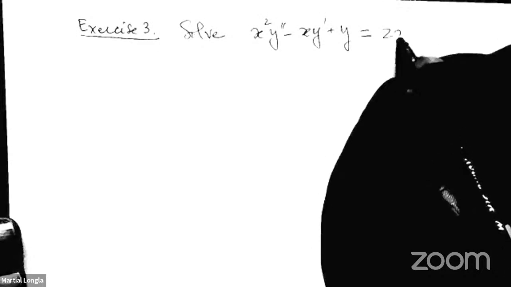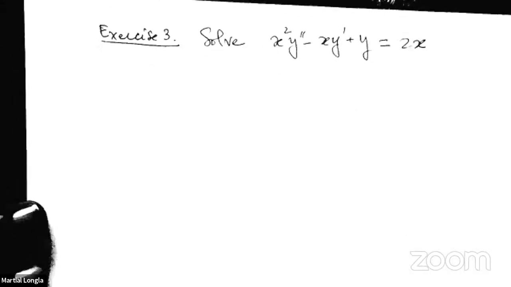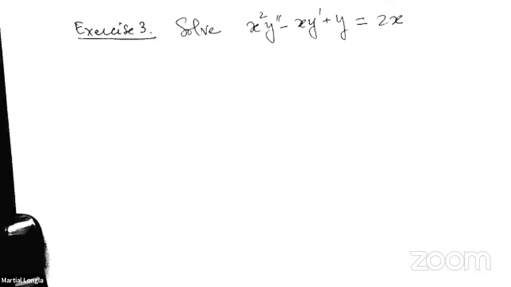We have x squared y double prime minus x y prime plus y equals 2x. But I ask you to do variation of parameters.